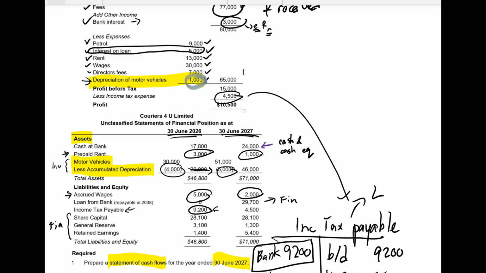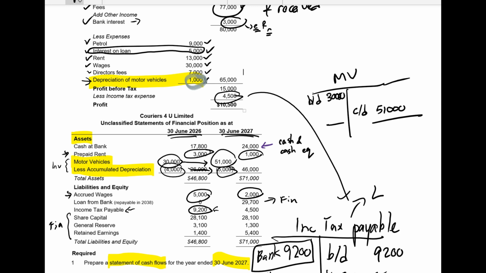Okay, if you look at your motor vehicle, it has increased from 30,000 to 51,000. So if you open up your motor vehicle T-account, your BD will be 30,000, which is from the figure over here, and your CD will be 51,000. The motor vehicles increased from 30,000 to 51,000, which means you bought a new motor vehicle of 21,000.